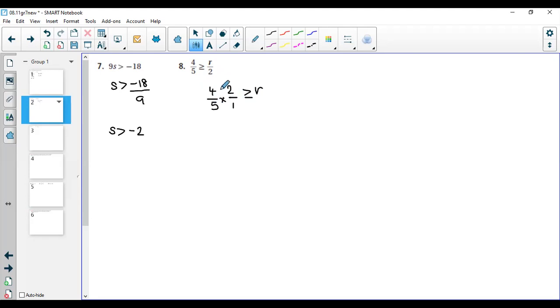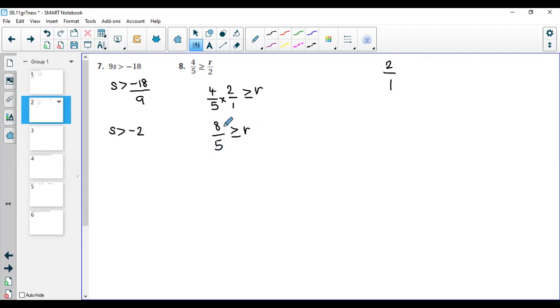You cannot divide the numerator and denominator by 2, because we are dealing with fractions. The fraction for 2 is going to be 2 over 1. It cannot be 2 over 2, right? So when you solve this, you're going to get 8 over 5, which is greater than or equal to r.